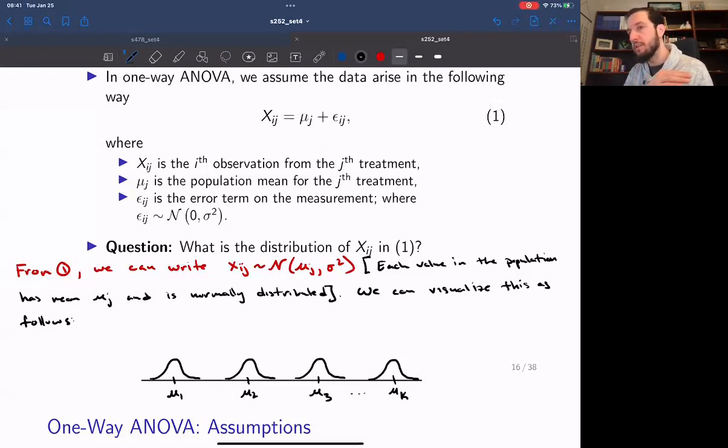So the variation is identical across all 4 of these illustrated populations, but the data are allowed to belong to one of those K different groups. All right, so this is the key assumption we make when we fit this model. So when we use one-way ANOVA, this is what we are assuming to be true about the population.